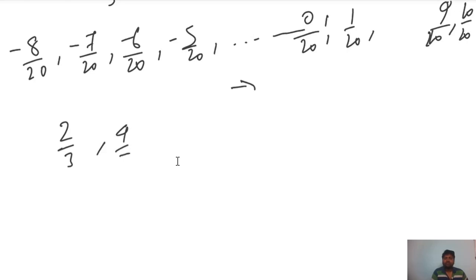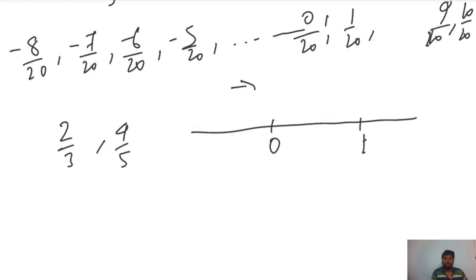Both numbers belong between 0 and 1, because both numbers are less than 1. So here we have 2 by 3, and here we have 4 by 5.